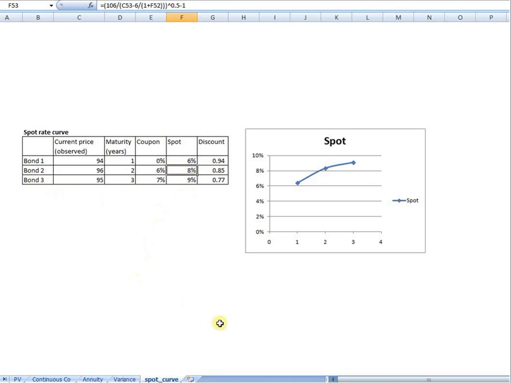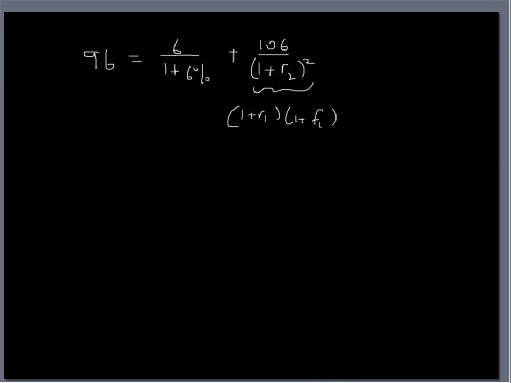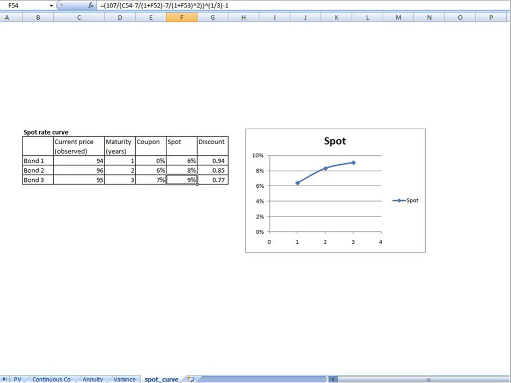Similarly for year 3, I've obtained it to be 9%, and I can write it down to be clear. Observed price 95, coupon 7%.